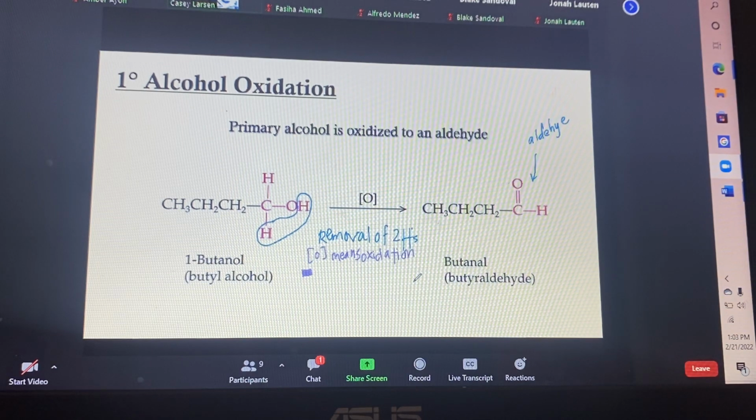I mentioned that there were two routes for oxidation to occur, like two different compounds. Anyone at home know?